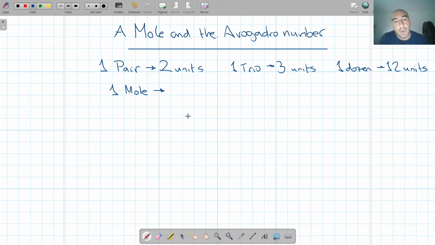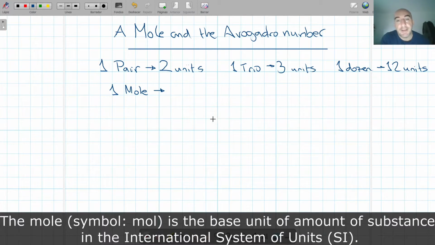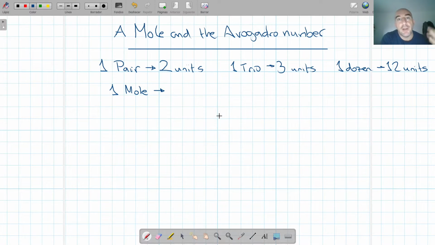Okay. So what people did in the International System of Units is they said that 1 mole is the number of atoms in 12 grams of carbon 12.